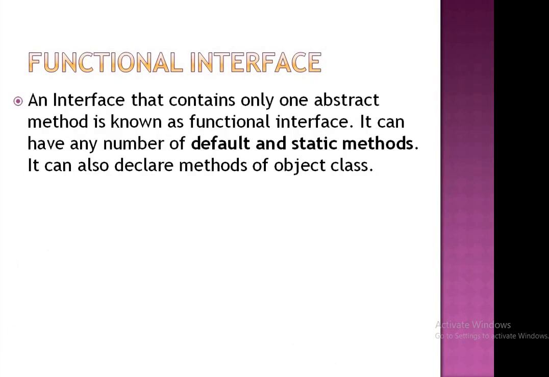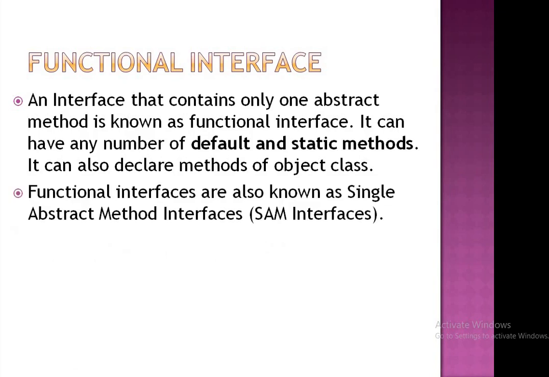Okay guys, the next one is functional interface. Yes, functional interface existed before in Java, but some new features are added in this interface, like static method and default method. An interface that contains only one abstract method is known as a functional interface.